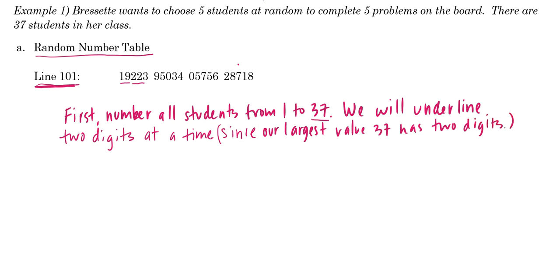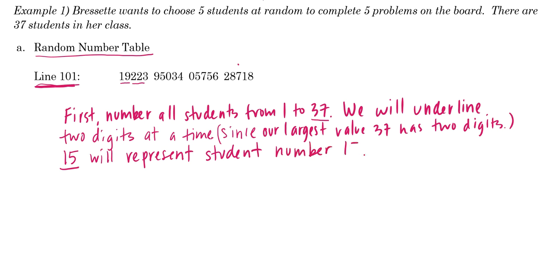Okay. So we will underline our numbers 2 digits at a time. And then I'm going to say what those 2 digits represent. The 2 digits will represent the students that we've numbered. So for example, 1, 5, 15 will represent student number 15.